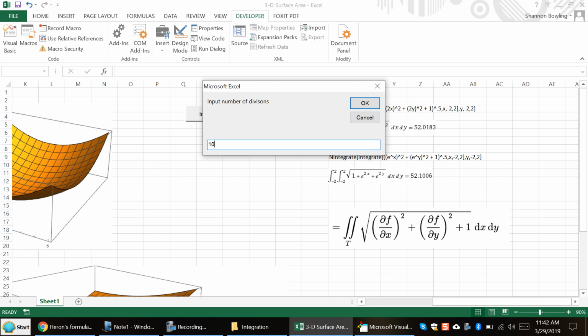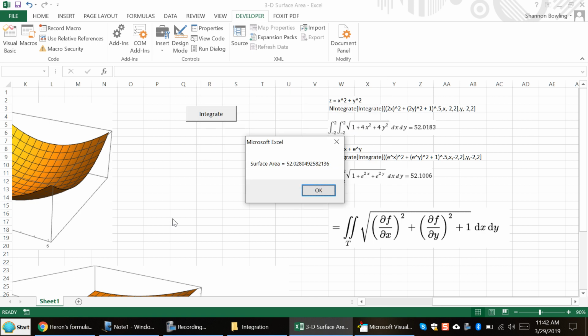Let's put in 10 and see what happens. Well, what do I get? I get 52.028. What's the actual answer? 52.02. So that's pretty close, right? Does that make sense?